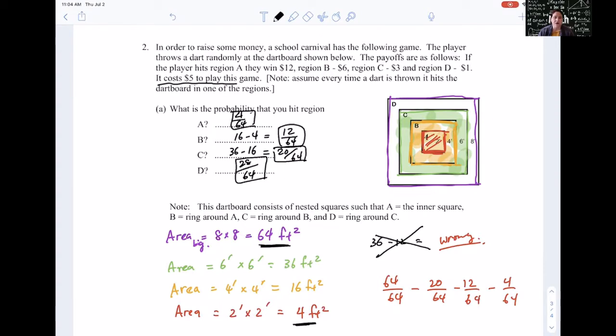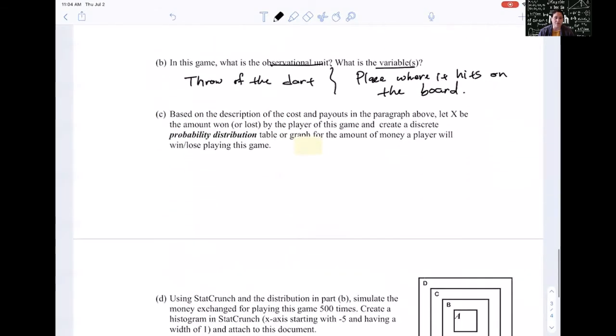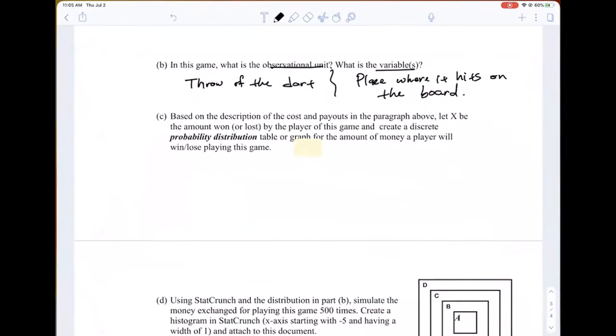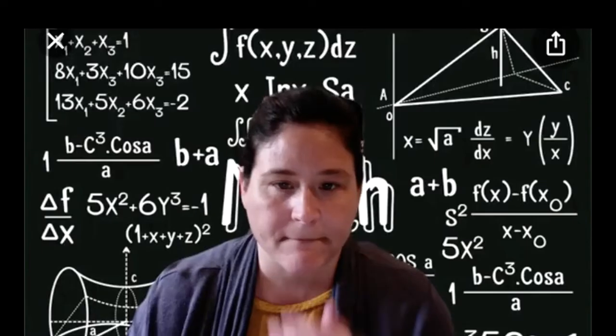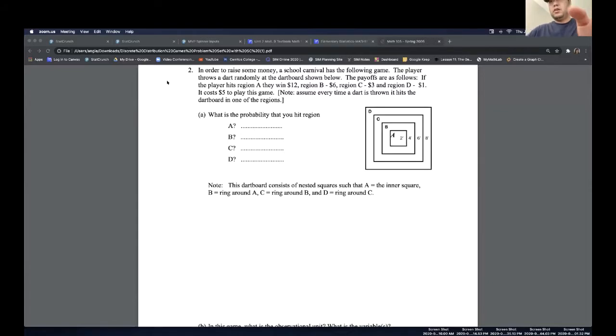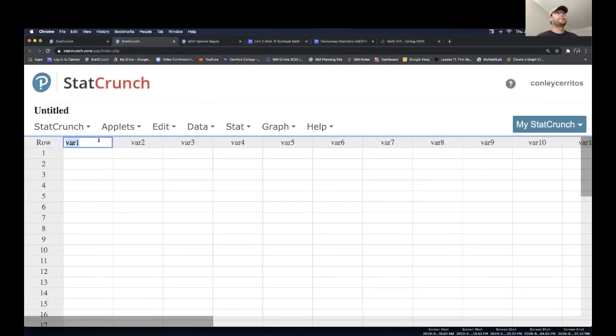Okay. So Paul, I'm going to jump over to StatCrunch right now and show them the table. Sure. Okay. So now I've got the money won in the game.